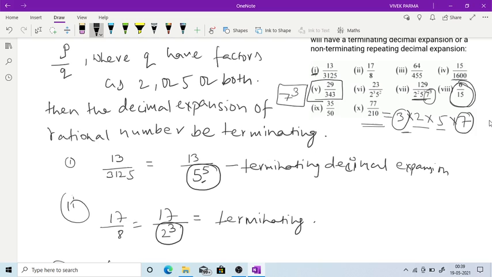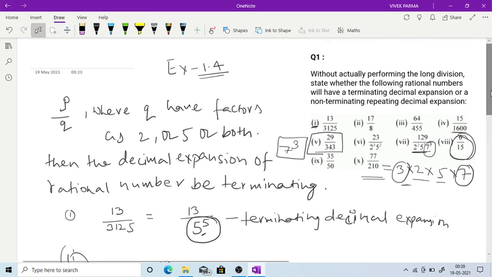So the most important thing to retain in mind is what? Which rational number can be written as terminating and non-terminating repeating. Any number p upon q where q has factors as 2 or 5 or both, right?